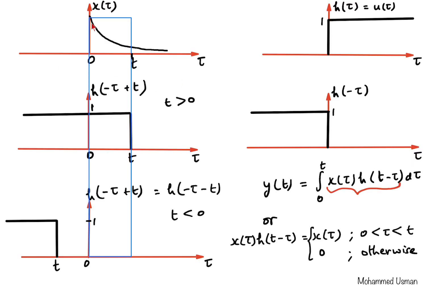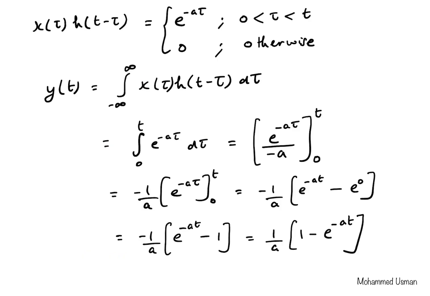We have to visualize the signals and be clear about how to perform the time reversal and time shift for various values of time. Then we identify the region where both functions are non-zero, so that their product is non-zero, and from that we determine the range of integration and the value of the product in that range.